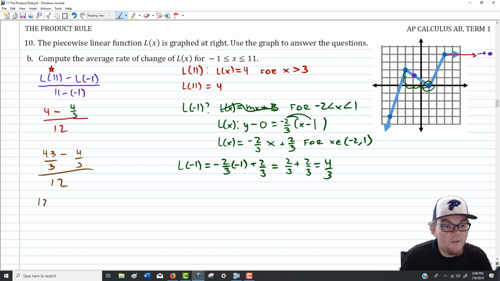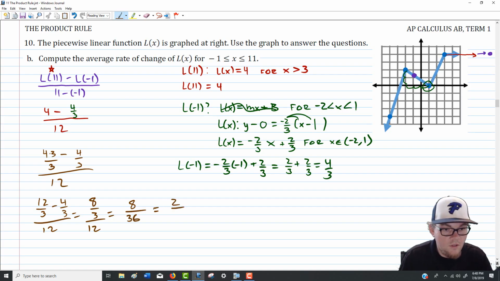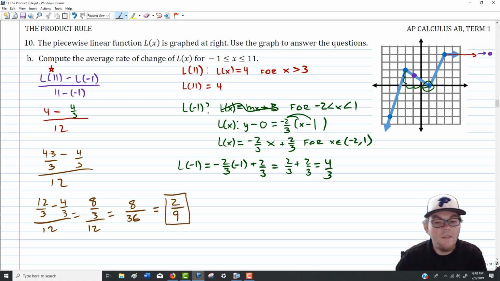That's going to give me 12/3 minus 4/3 all over 12, which is 8/3 over 12, which is 8/36, which is 2/9. And there is our 10B. Everything looks like it's working pretty well.